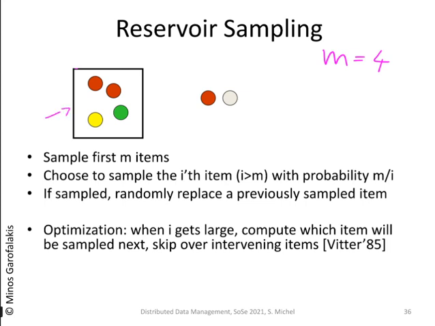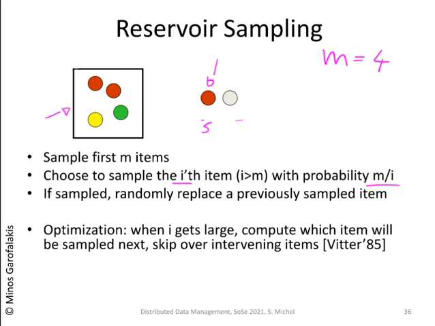Let's say we just did it, so we have these 4 elements in, and then for the next items to come, so the item number 5, the item number 6, and so on, we're looking at the item at the i-th position, and we sample this item with probability m divided by i. For instance, here at position 5, we would sample this one with a probability of 4 divided by 5.